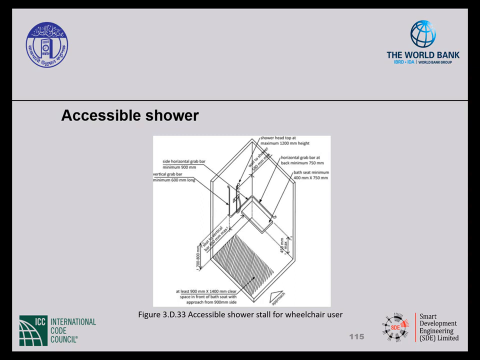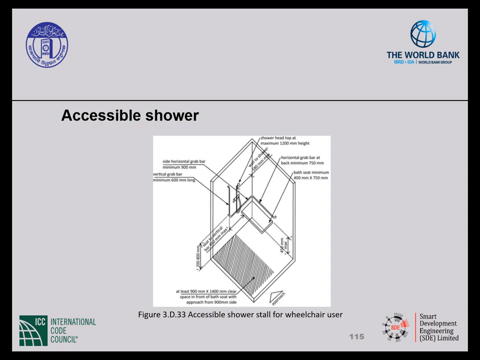Need to provide a bath seat, a minimum 400 by 750 millimeters and a maximum 450 millimeters above the floor. Provide lever controls, a maximum 580 millimeters from the corner, and that's adjacent to where the seat is. The shower head should be on a flexible cord that's also movable with a maximum height of 1200 millimeters above the finished floor.